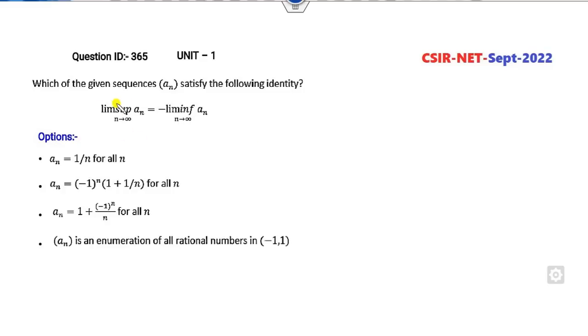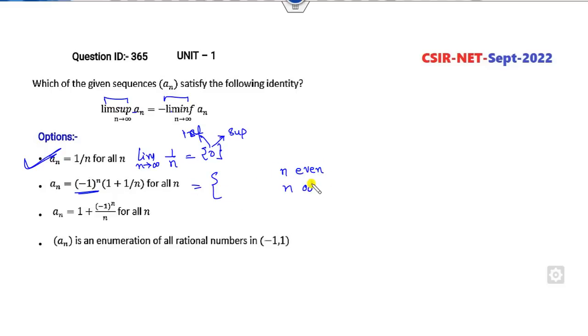Now, whenever you are talking about the limit infimum and supremum, you have to first find the limit. What is the limit as n approaches infinity of 1 by n? It is 0, that's a singleton, so it is itself the supremum and itself the infimum, so 0 equals 0, satisfied. Whenever there is a -1 power, you can always break it into two parts: n even and n odd.